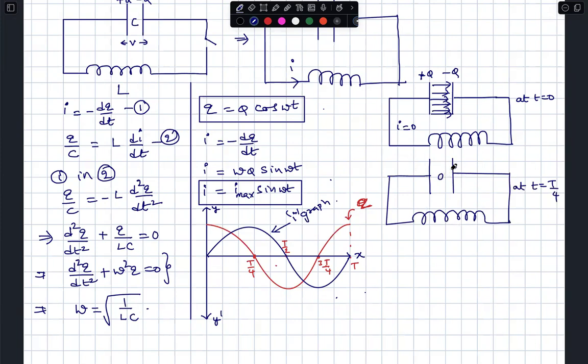There is no field here, no charge. But current reaches a maximum value. And in fact, the entire energy is in the form of magnetic field.